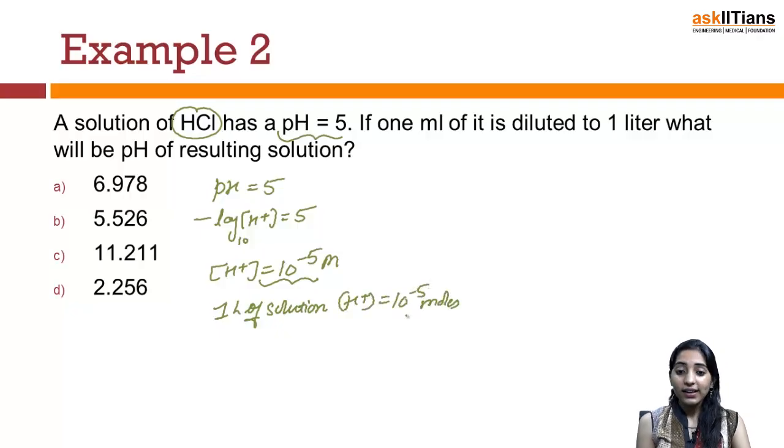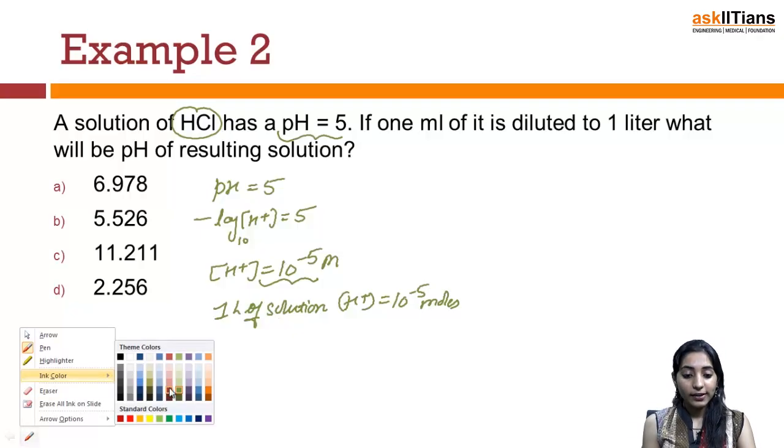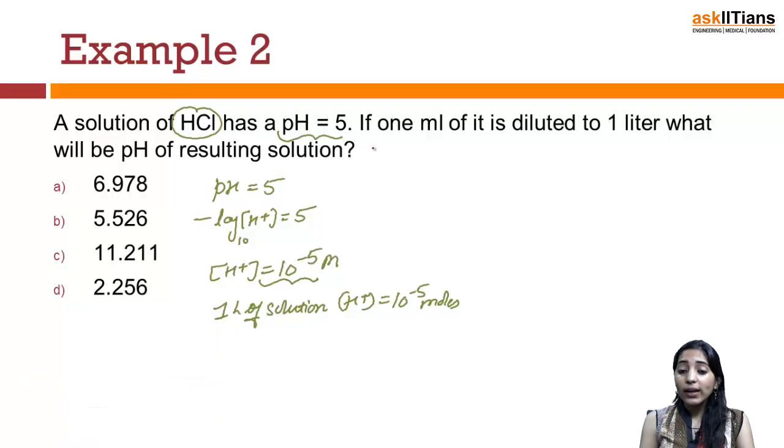Now let's move over to the second statement given in the question. It says that if 1 ml of such a solution is diluted. So 1 liter contains 10 to the power minus 5 moles, so 1000 ml contains H positive equal to 10 to the power minus 5 moles. That means 1 ml will contain 10 to the power minus 8 moles.